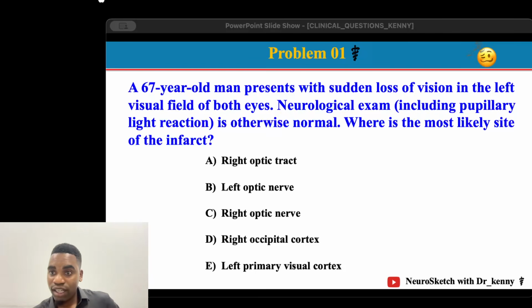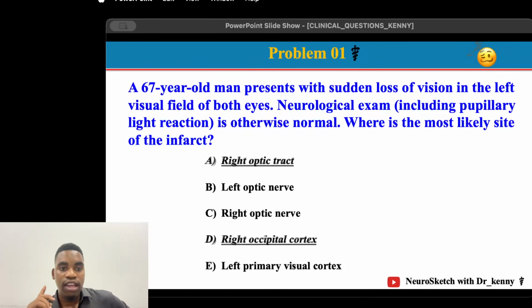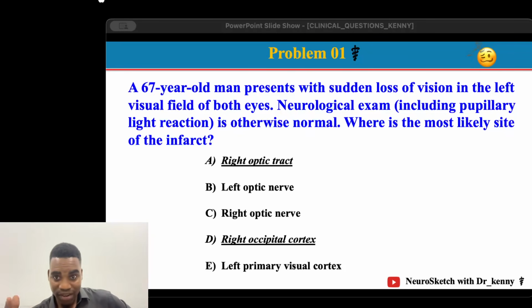So we have the left visual space. They will project to the right side of the optic tract all the way to the cerebral cortex. So this is to say the option E is also out of choice, because it is the left visual cortex. So what have we remained with, guys? We have remained with the right optic tract and the right occipital cortex. So give it a thought again. So think about it. What do you think would be the answer between the two?